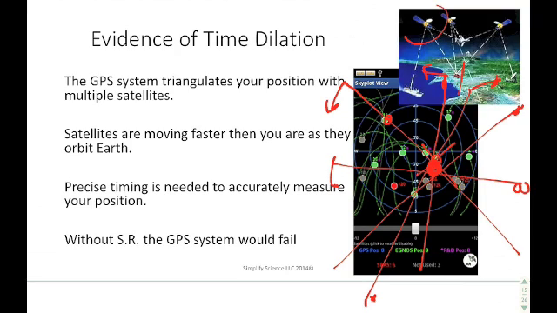The Earth is moving pretty fast as it orbits the Sun, 29,000 meters per second, but the satellites are actually moving faster. Because they are moving faster, there is a time dilation effect. So they had to do a special relativity time correction. And that special relativity time correction allows us to accurately measure your position usually within about a meter or two.